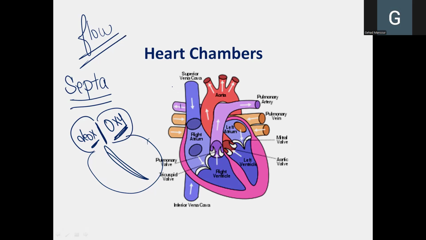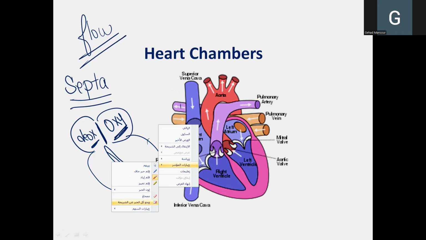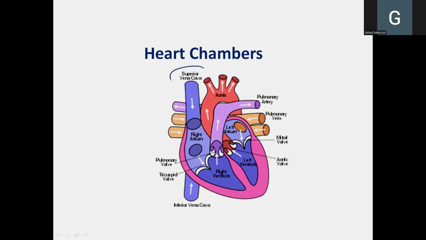And then describing the flow, you have to start at one point because it's a cycle. So you have to choose a point to start at. I would rather start at the superior vena cava and the inferior vena cava. I would start here and say that deoxygenated blood comes through the superior vena cava and the inferior vena cava to the right atrium.